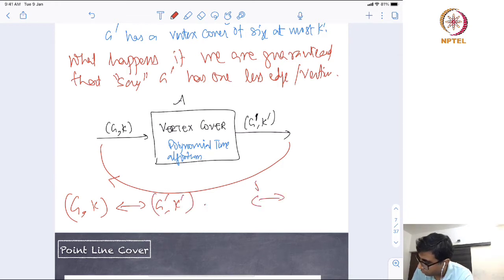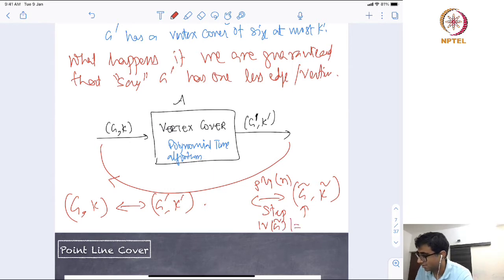But after polynomially many steps, polynomial in n, what will I get? I will get some G tilde k tilde, such that the size is like constant.